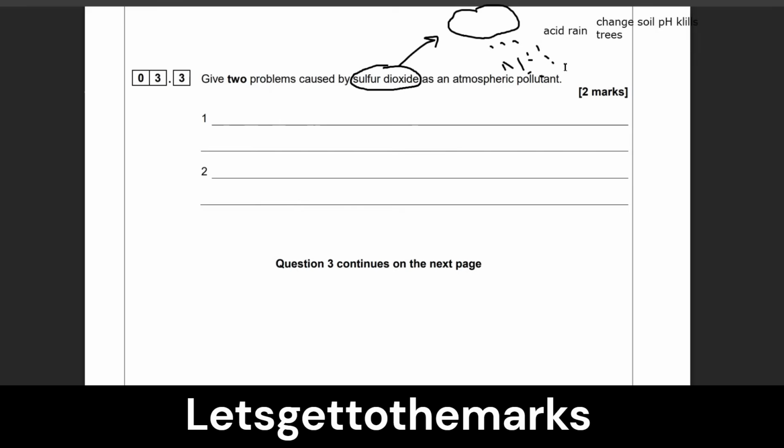I'm going to give the two problems of acid rain. So I'm going to say, acid rain lowers pH of soil, killing trees, or acid rain lowers pH of water, killing fish.